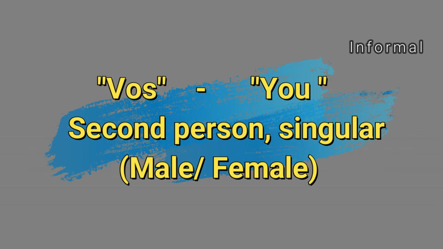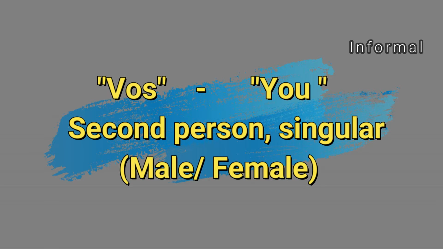But one thing that I will point out is that you can't always say that some countries don't use it at all, because remember that language has variations within even a country itself. So you have parts of a country that might use it, but in the general sense most of the population don't really use it. You can use it for males or females, and it's second person singular.